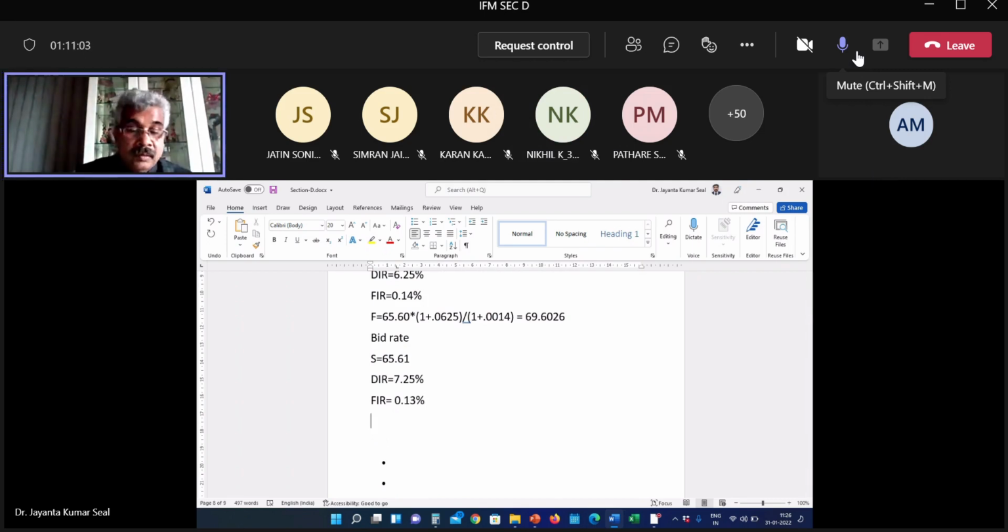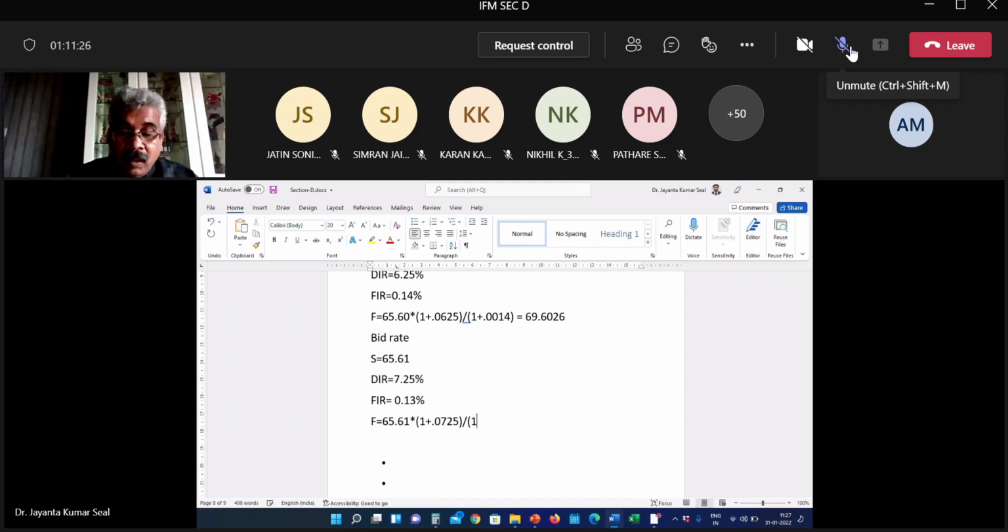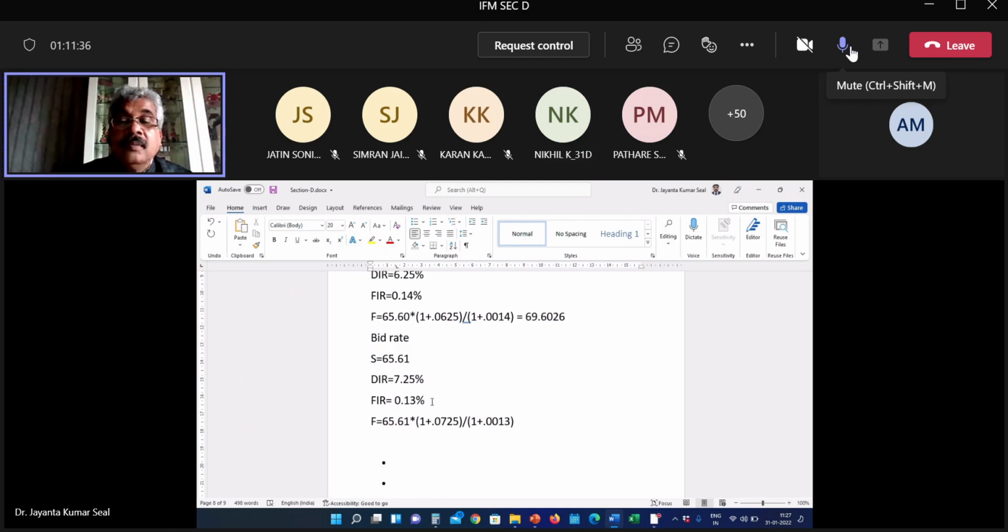Forward rate is equal to 65.61 into 1 plus 0.0725 divided by 1 plus 0.0013, is equal to 70.2753.